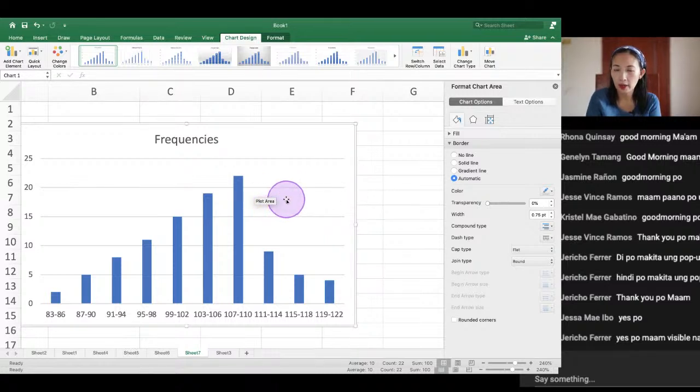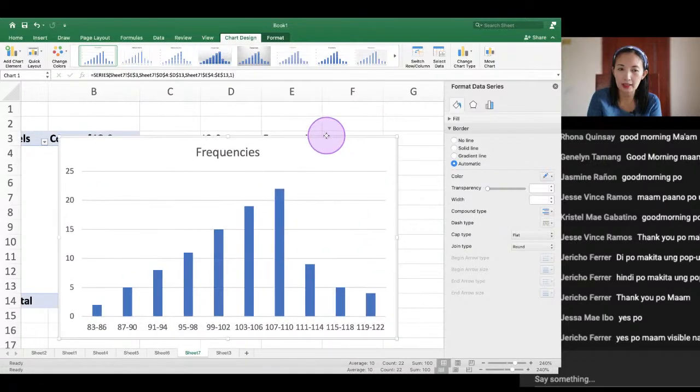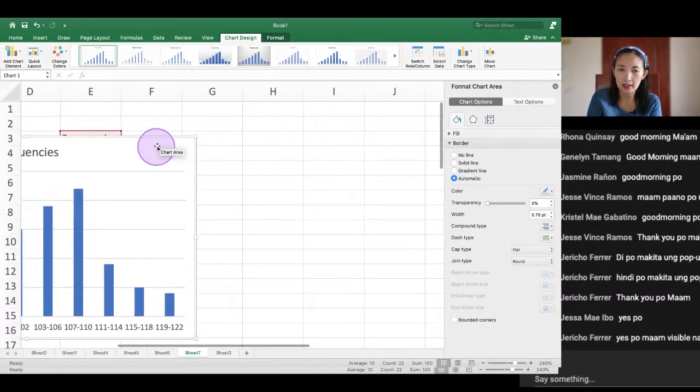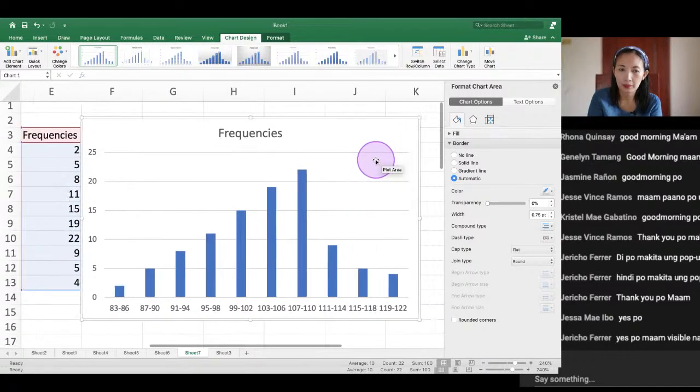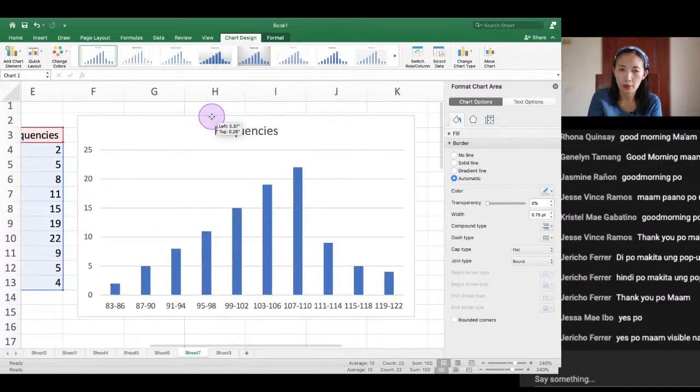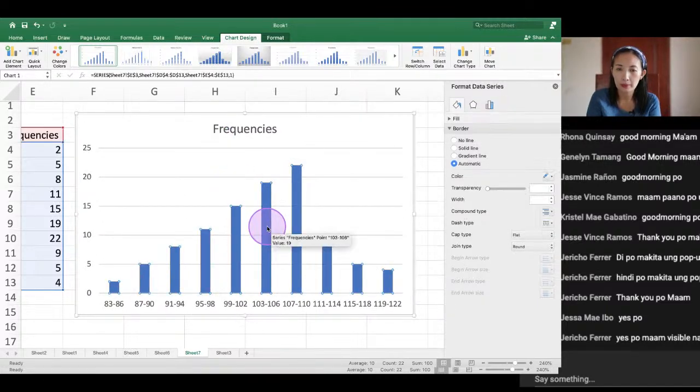However, a histogram does not have spaces in between the bars. So we format. Let's put it beside the table. So, click on your graph.